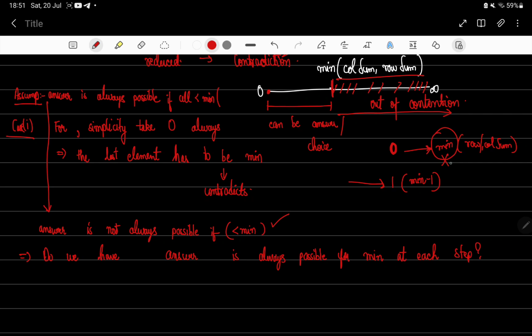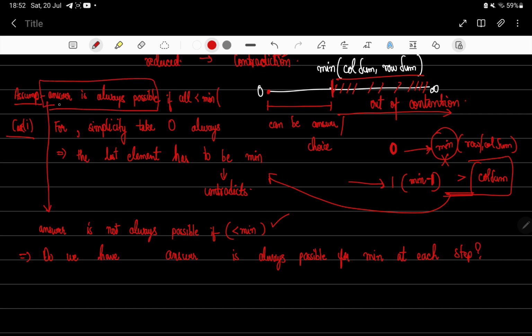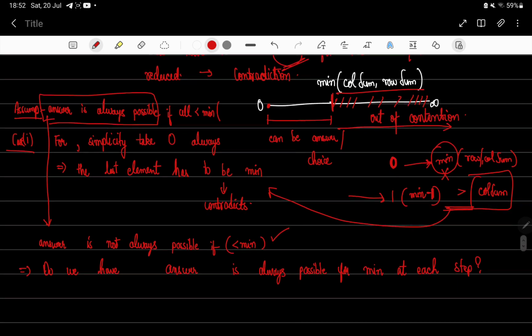Now can this minimum minus 1 already be greater than the column sum? Can there be such a possibility? If there is, then we are contradicting the fact that a valid answer is possible in all scenarios when we take less than the minimum values.